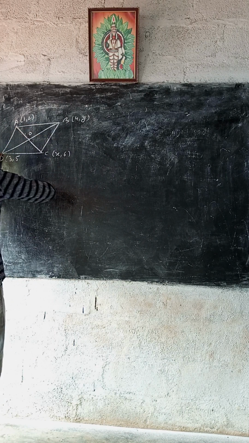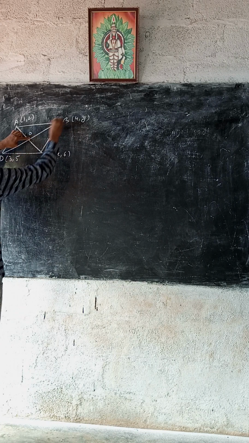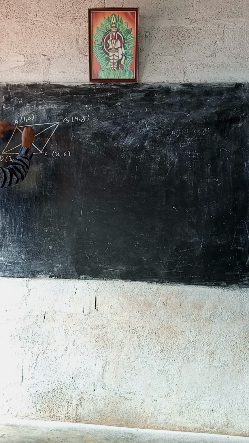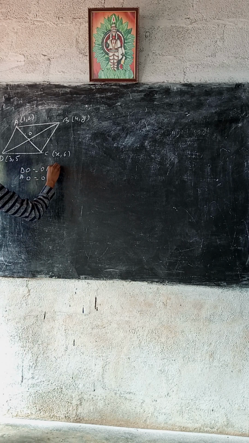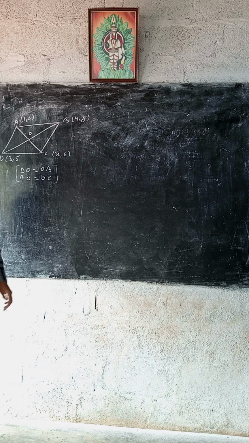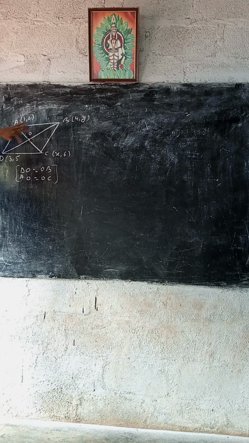Then DO is equal to OB and AO is equal to OC. This is the meaning of bisect: O is the midpoint of BD and also the midpoint of AC.